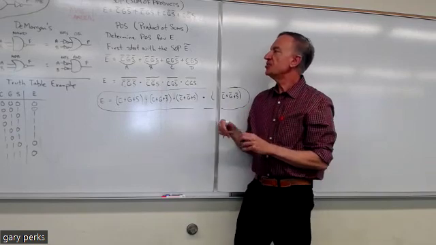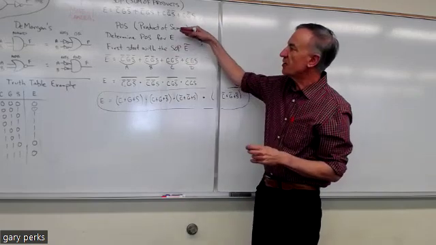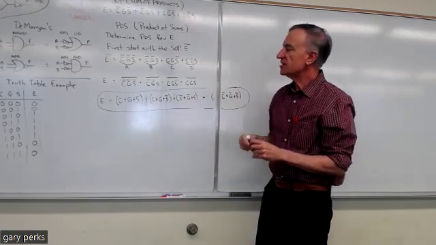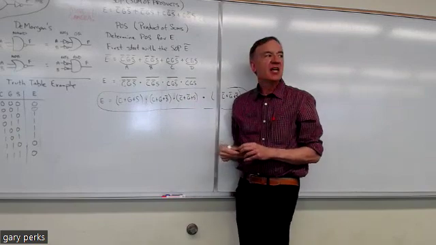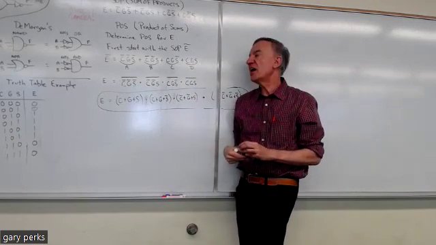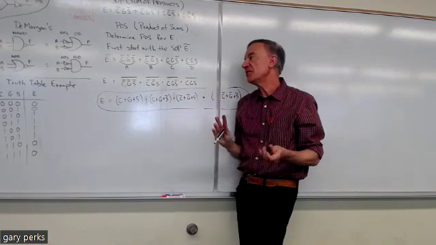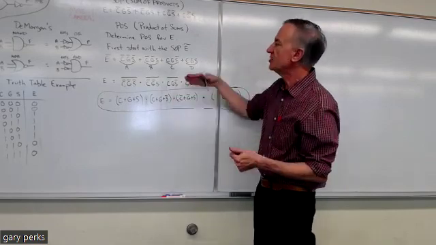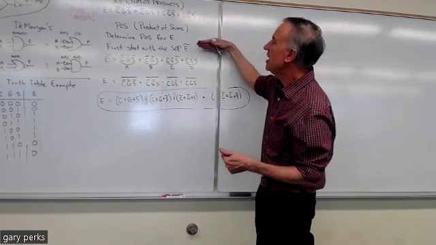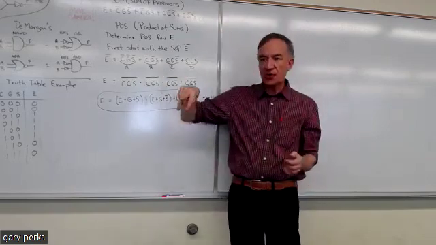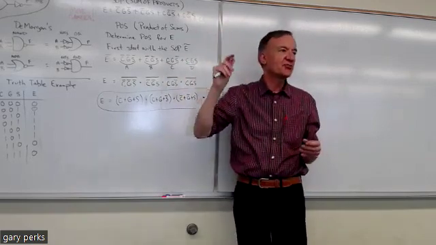So I show this derivation to go from SOP to POS. I show it once, and what I expect is that you have an understanding of it. Once you have an understanding of it, it's okay just to go directly from SOP to POS by just inverting everything and changing ANDs to ORs and ORs to ANDs.